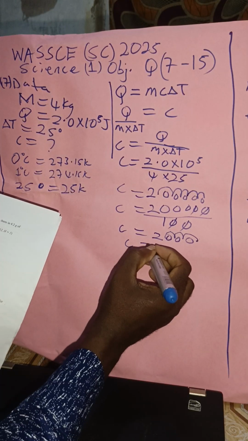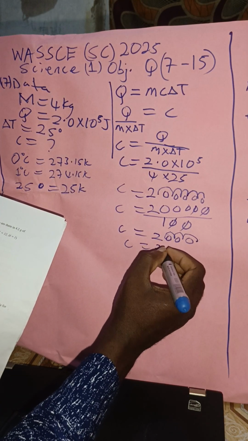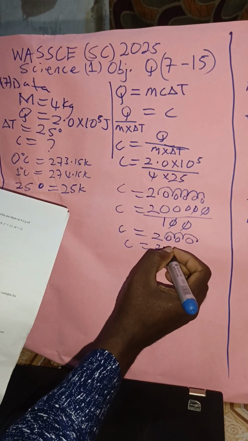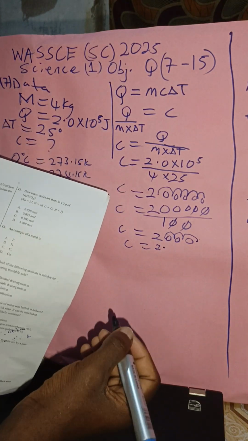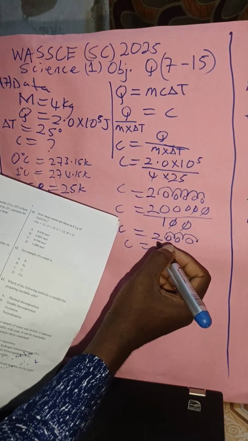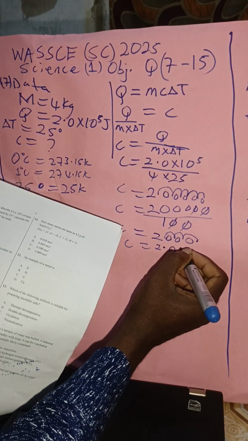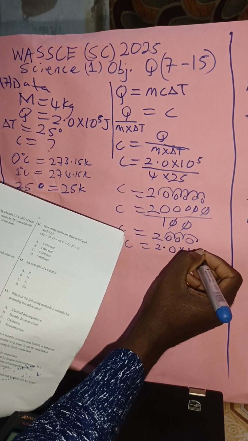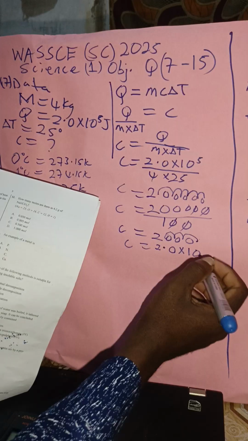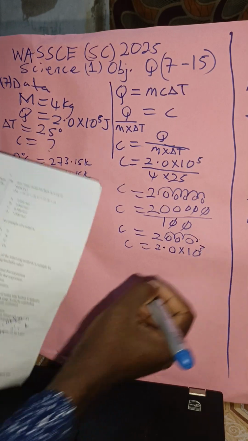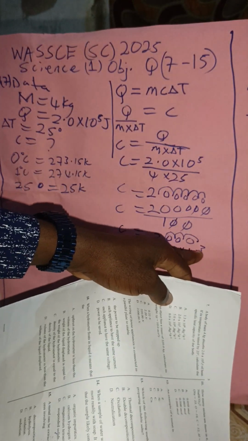So specific heat capacity gives us 2.0 multiplied by 10, since we moved it 3 times, to the power of 3, and this is positive because we are moving this way.